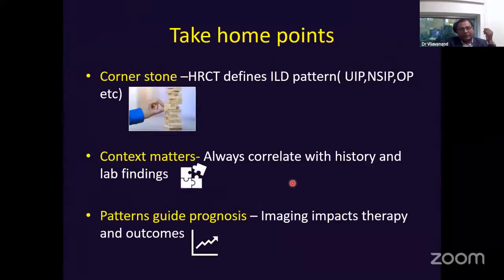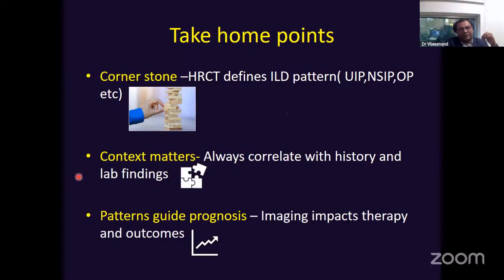So the take-home points for today: HRCT basically forms the cornerstone because it defines the ILD patterns. Since I was talking about the patterns, we need to keep in mind that it's a cornerstone because we can identify the pattern crisply and clearly. Second, context matters. Always correlate with the history and the lab findings.